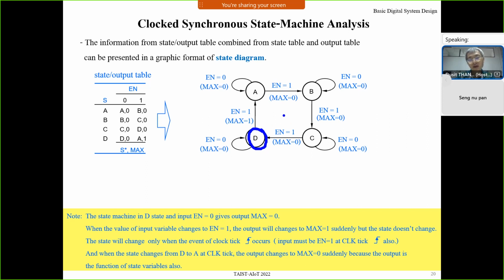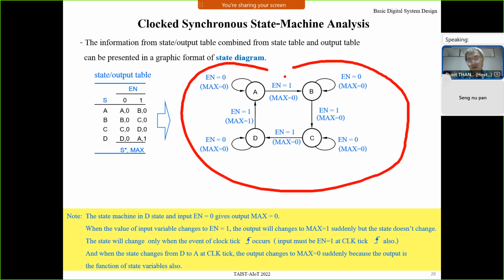And if you want to know the output, for example if the circuit is on state D and input is 0, the output is 0. But when the input changes to 1, the output changes to 1. So you can know the information of next state and output from this state diagram also.